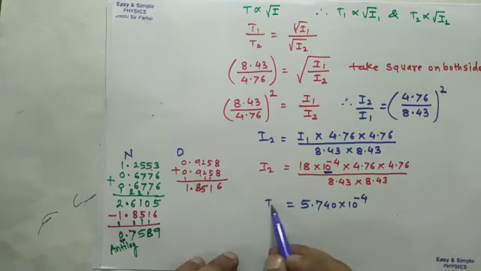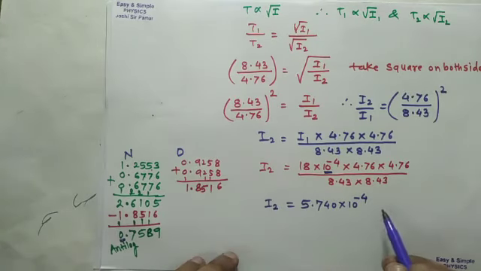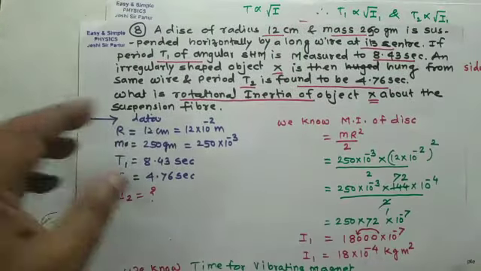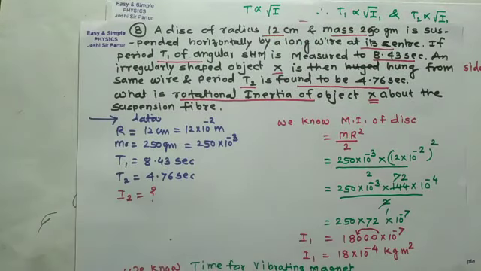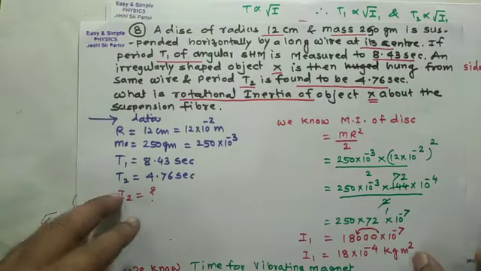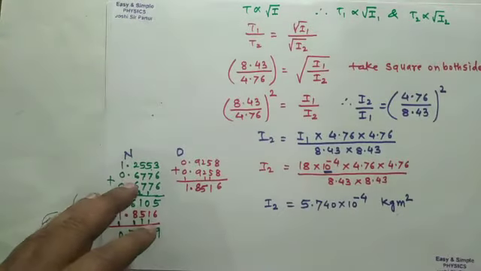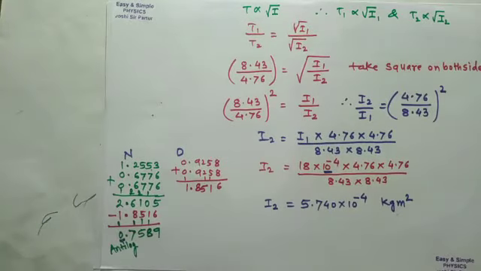So the moment of inertia or rotational inertia for the irregular shaped object named x will be 5.740 into 10 to the power minus 4 kg meter square. This is the answer for the 8th example.